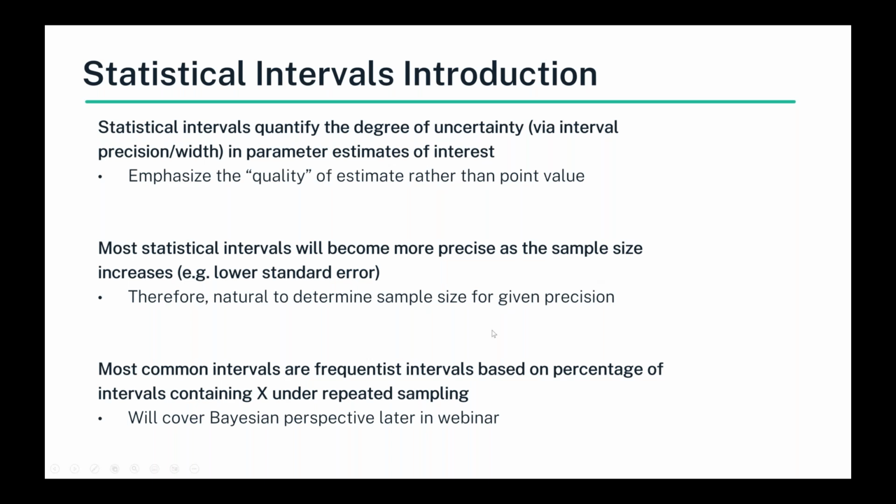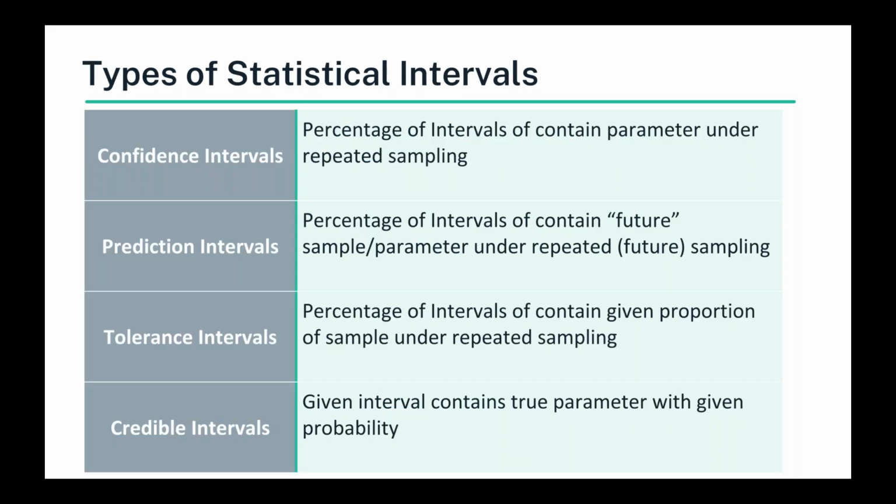But first, let's step back a bit and take a look at different types of common statistical intervals. I think we'll have time to touch on 4 today. The first 3 are frequentist, so we have confidence intervals, prediction intervals, and tolerance intervals, and then finally Bayesian credible intervals. So for the 3 frequentist intervals, we're saying that under repeated sampling, we want X% of the generated intervals to contain something.